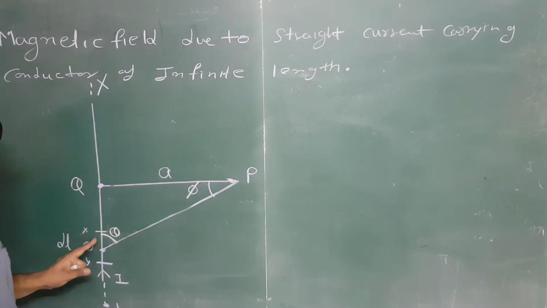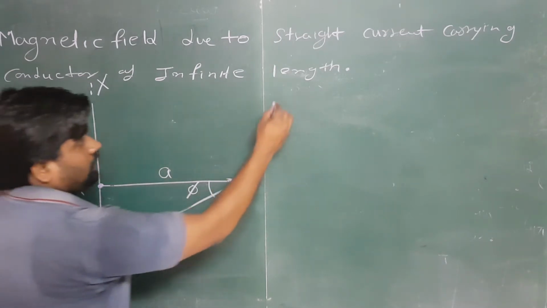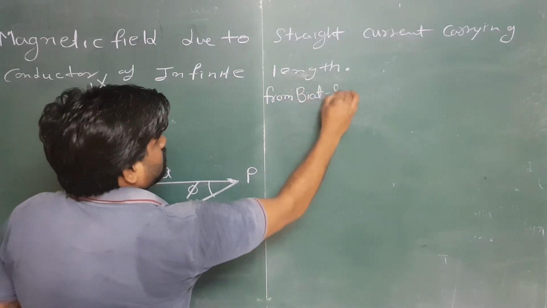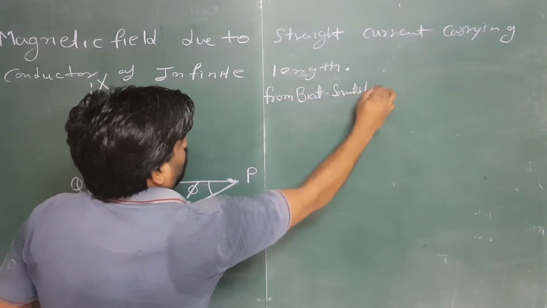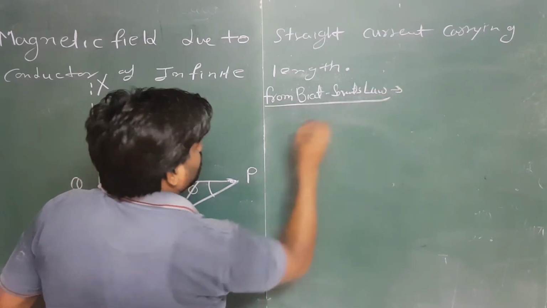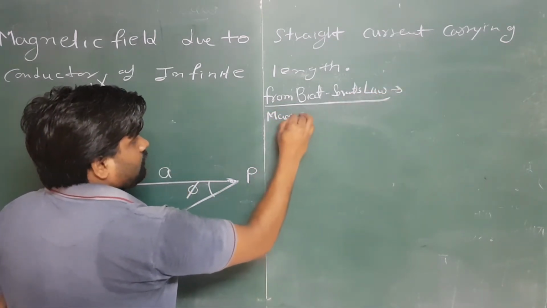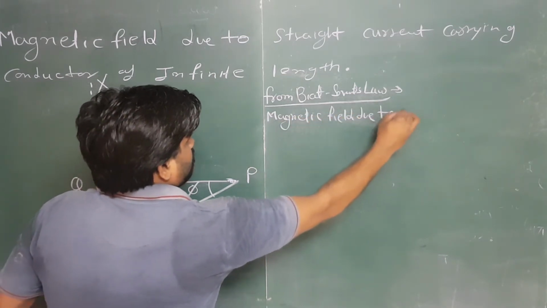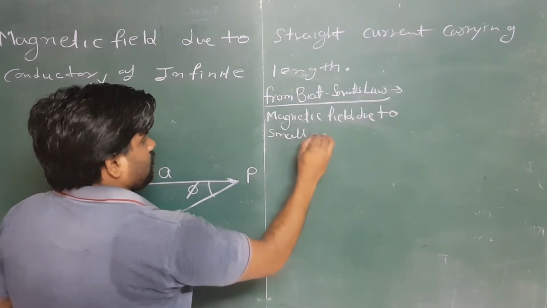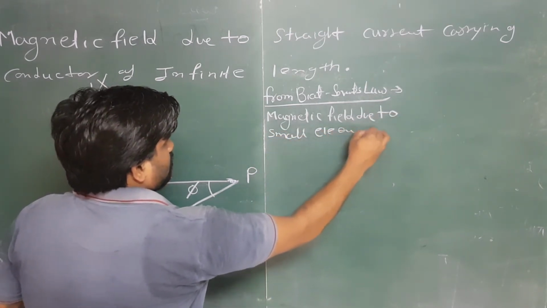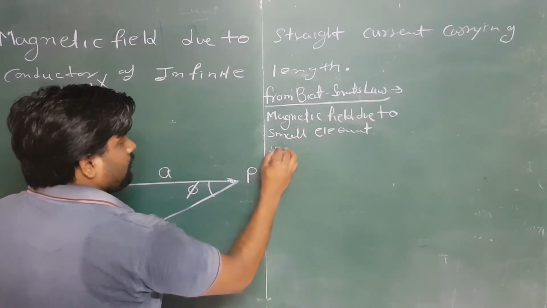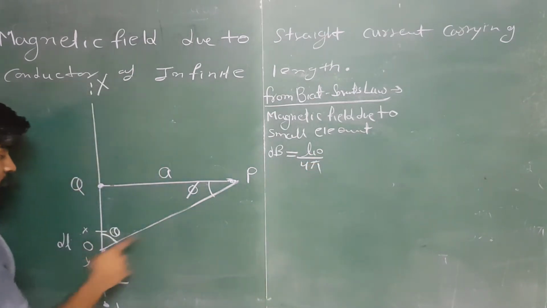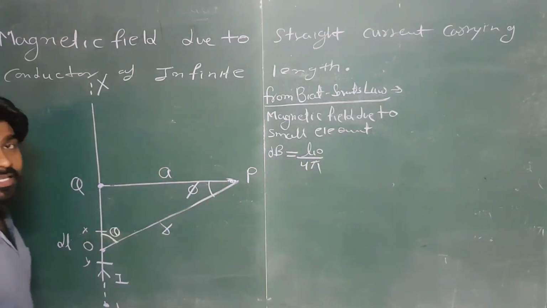So for the small element we will apply the Biot-Savart's law. Then you will write here, from Biot-Savart's law, magnetic field due to small element dB is equal to mu 0 by 4 pi, and the distance of the small element from P you can write as r.